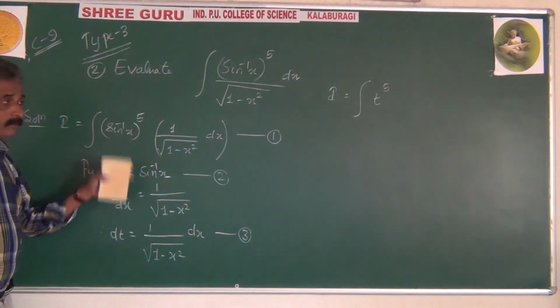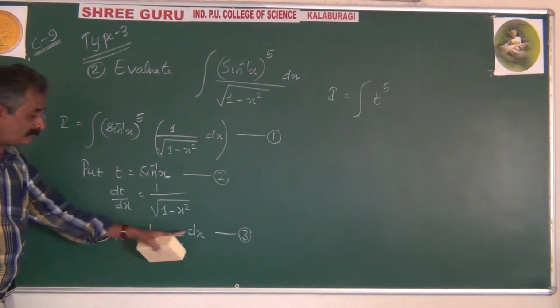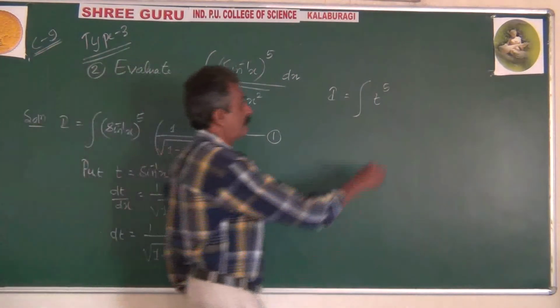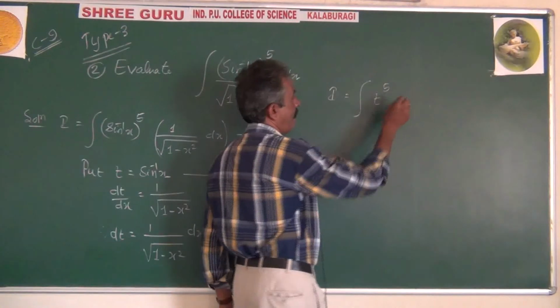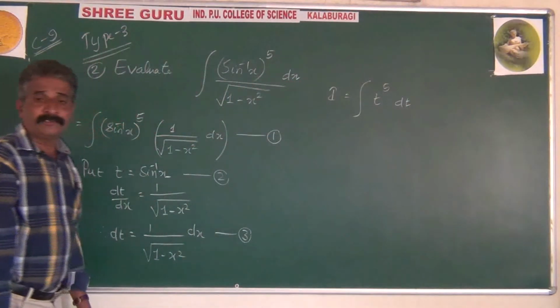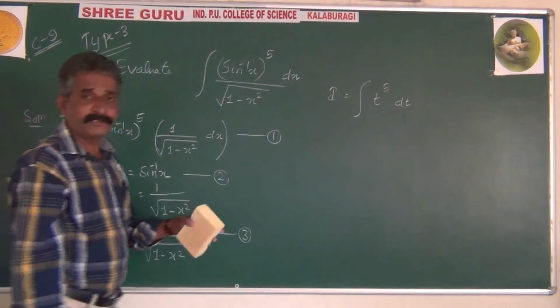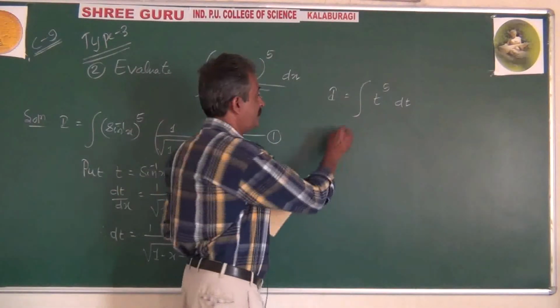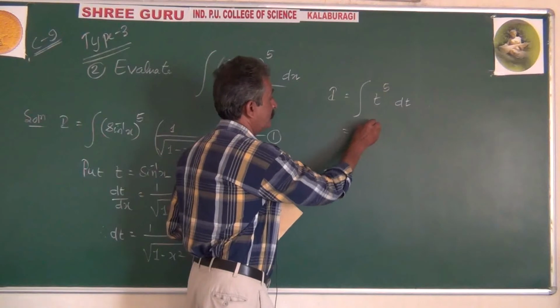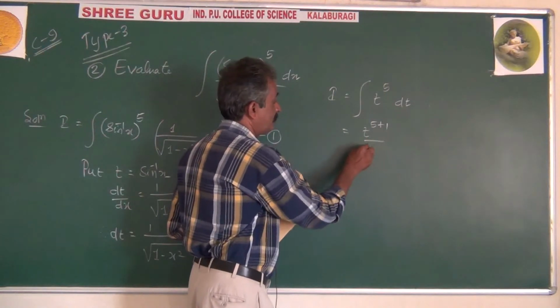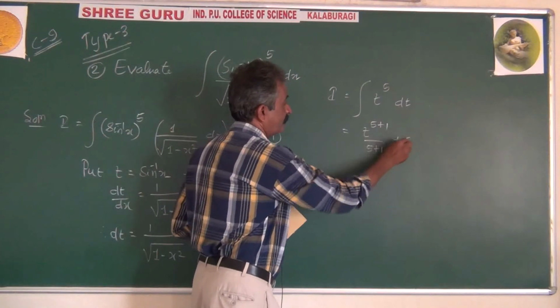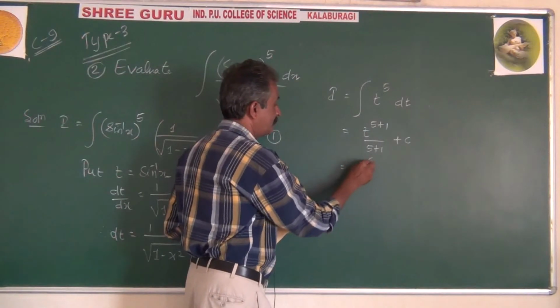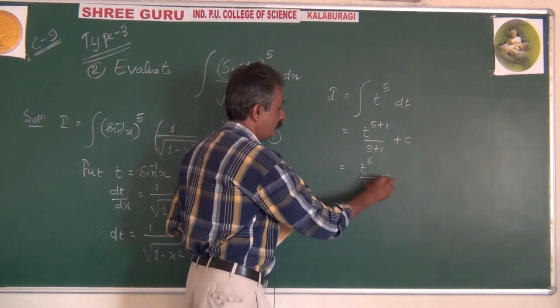Whereas for 1 by root of 1 minus x square dx, what do we have? dt. Now it is a normal integration, just like the integration of x power n is x power n plus 1 by n plus 1. Here, t power 5 plus 1 divided by 5 plus 1 plus c. That is t power 6 by 6 plus c.